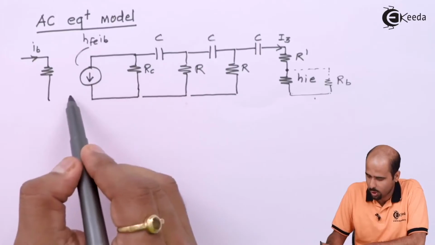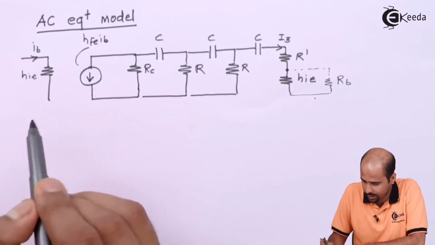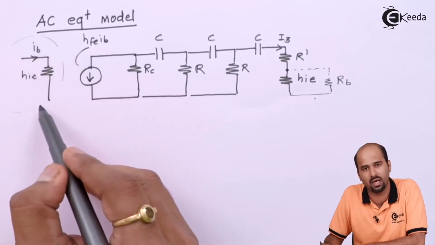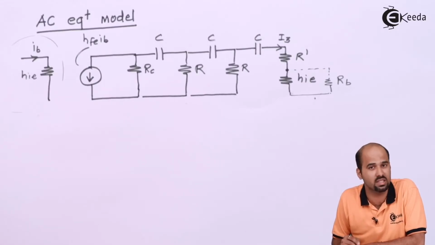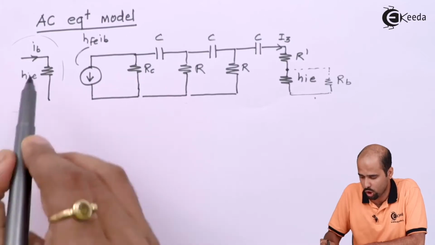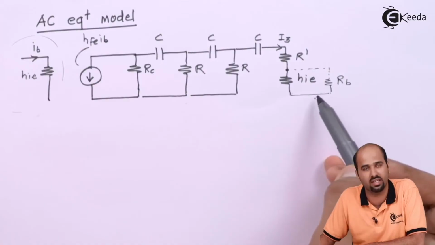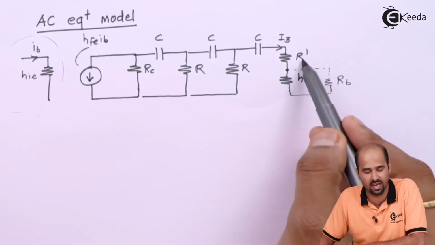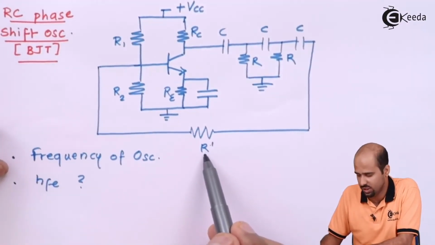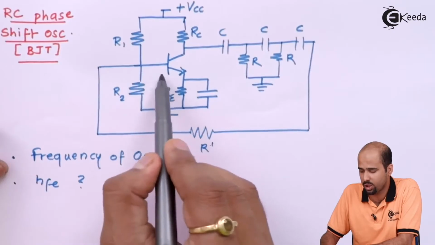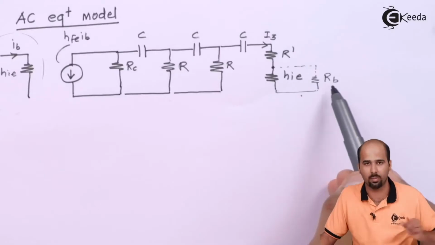So this is all about the H parameter model. This is the value HIE, and again this is not the required part as far as AC analysis is considered, because here input is not given, so all these resistances I am taking at the output side. Along with R dash, observe this carefully, in the AC equivalent model R dash will be in series with the parallel combination of HIE and R1 parallel R2, that is RB, right?